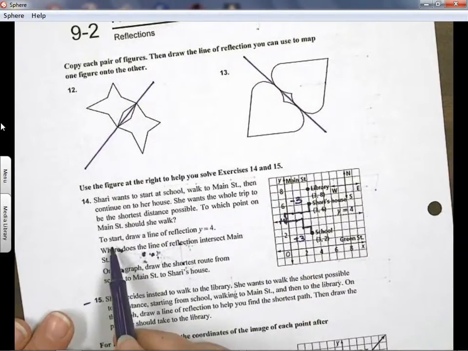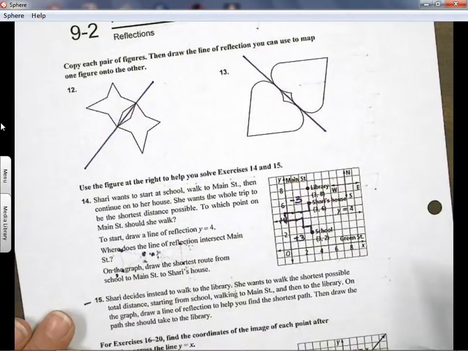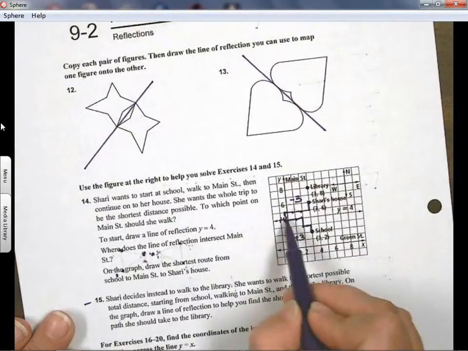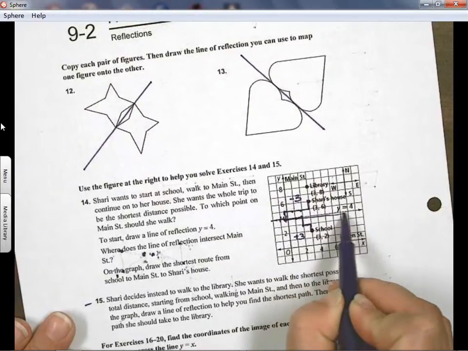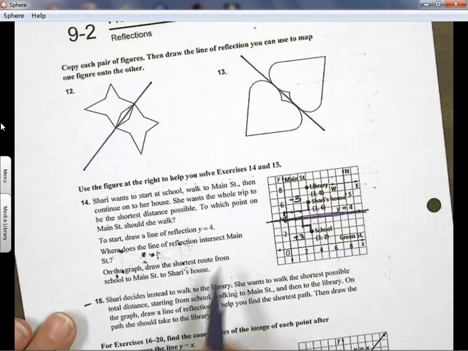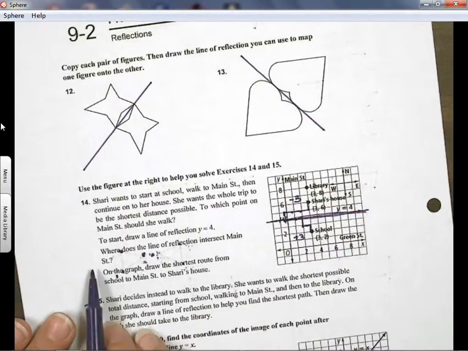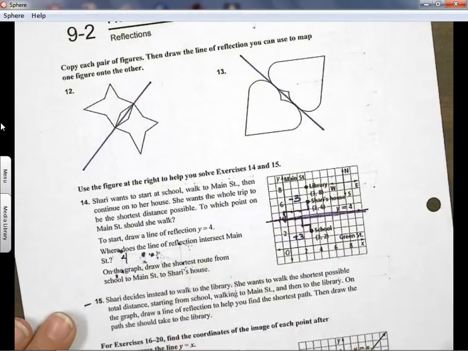Now here they want you to draw a line of reflection where y equals 4. Where is y equal to 4? Well, that's going to be right here. Okay. Where does the line of reflection intersect Main Street? At 4.